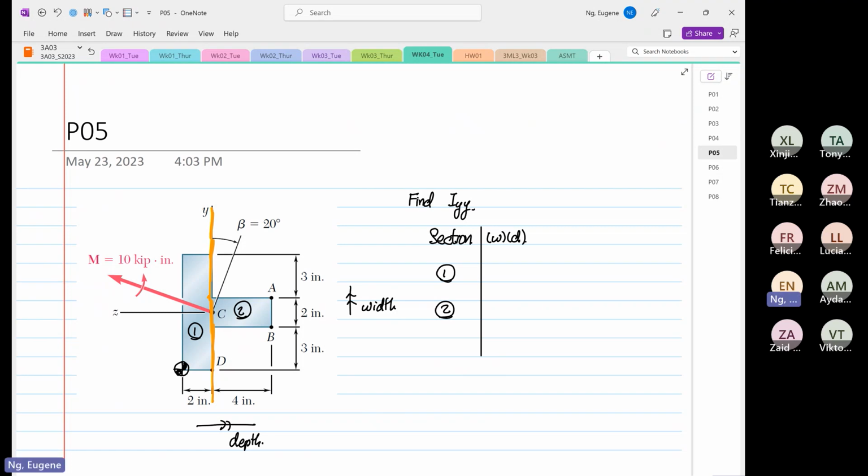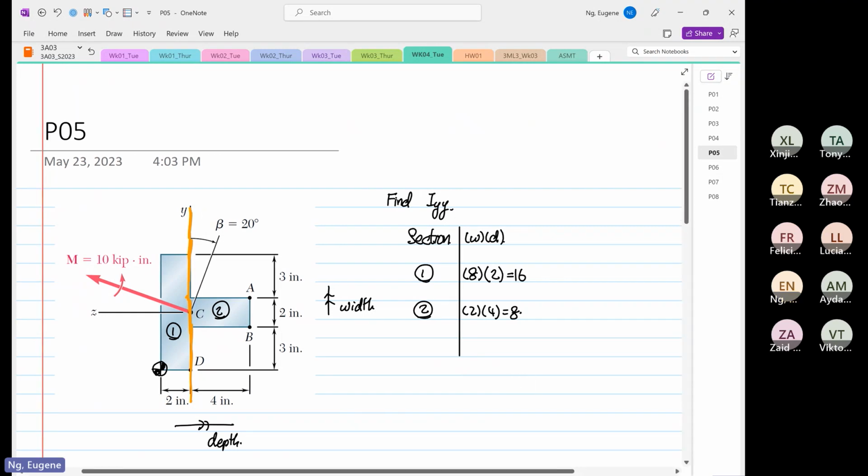So section 1, the width is what? 3 plus 3, 6 plus 2, 8. The depth is 2, so this is equal to 16. And then on section number 2, the width is 2, the depth is 4, so this is 8.